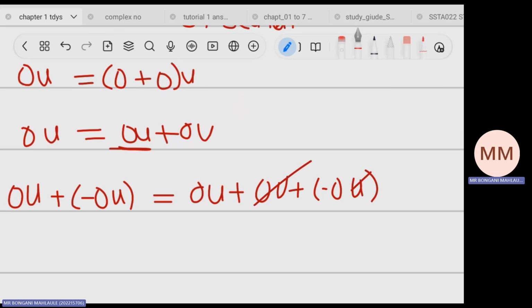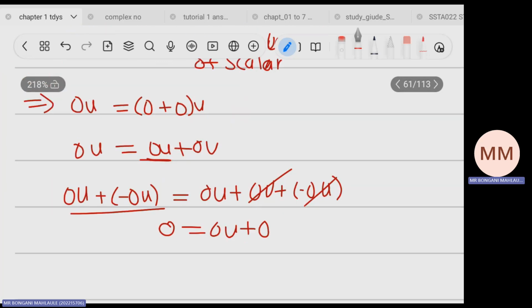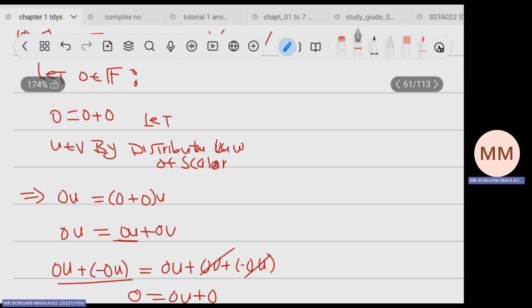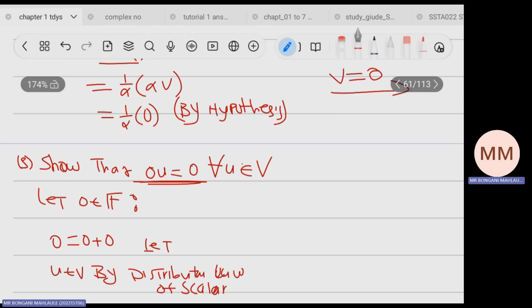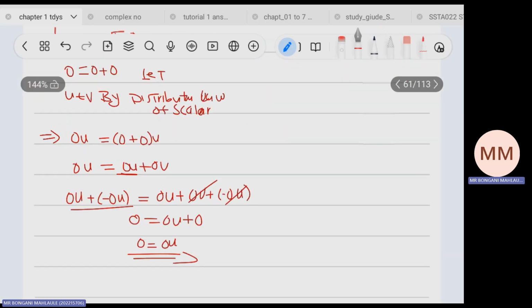Now this will give us 0, and this one will give us 0 on the left. Then now I just have 0 is equal to 0. We have managed to show this. So I'm going to stop here.